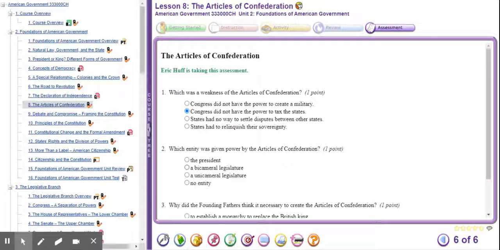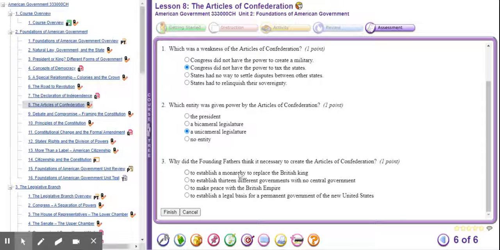It's a two-house legislature. We'll talk a lot about that in the next unit. But then there was not a bicameral legislature. It was only one house. So we call that a unicameral legislature. Okay. So the unicameral legislature is the part of the Articles of Confederation government that had power, but even that was pretty weak.